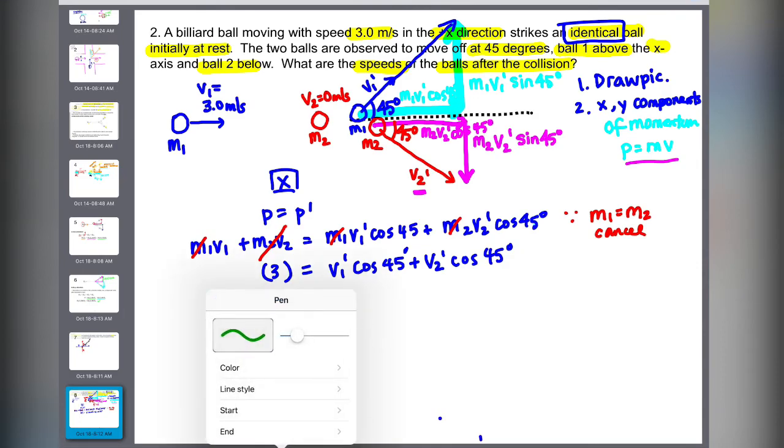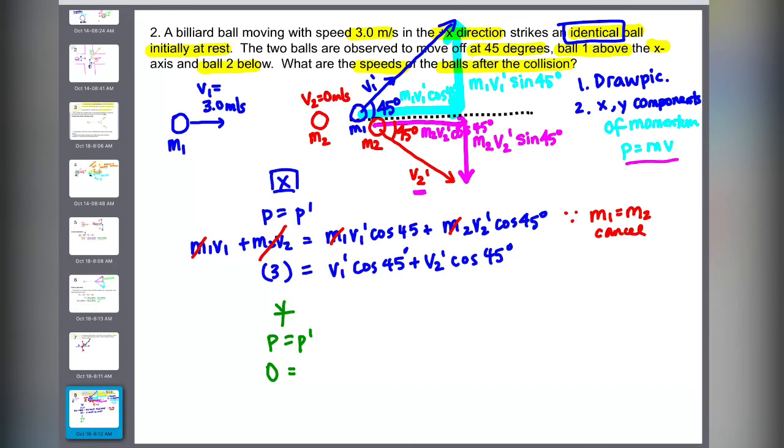Okay, how about along y? Along the y direction, P equals P prime. And initial momentum is 0 at the beginning. Are you okay if I just plugged in a 0? There's no momentum at all at the beginning. But at the end, the final momentum, one is going up and one is going down.